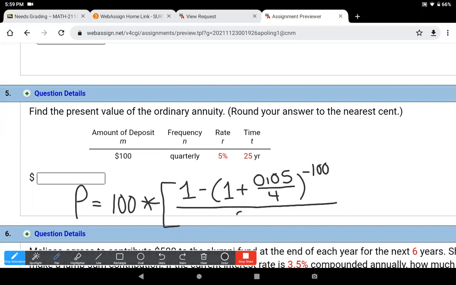What changed in this one was the rate, right? So when we put this through the calculator, we get the value 5,690 and 13 cents.